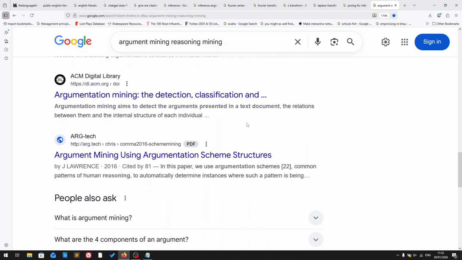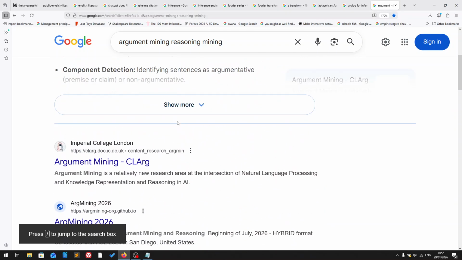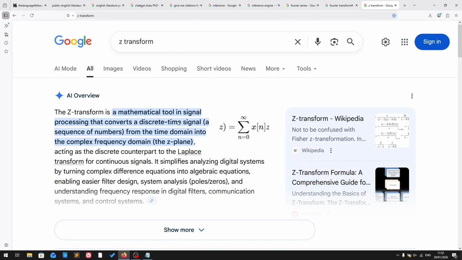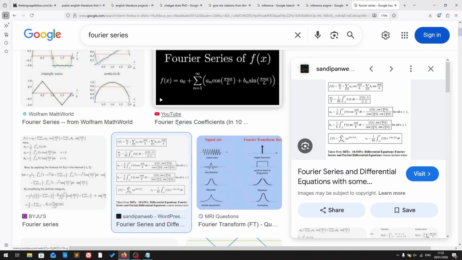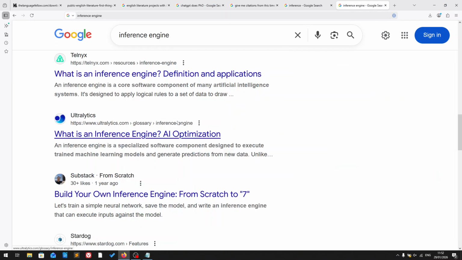So detect arguments present in a text document, the relations between them, and the internal structure of each individual, and so on. So that's what it is, and you can find out more about this. But Laplace transform, Z transform, Fourier transform, Fourier series, that's from years ago.